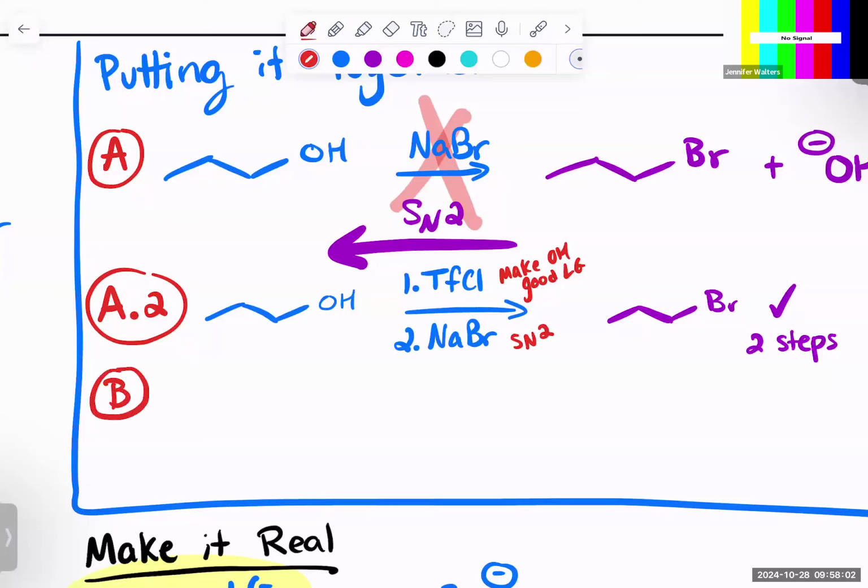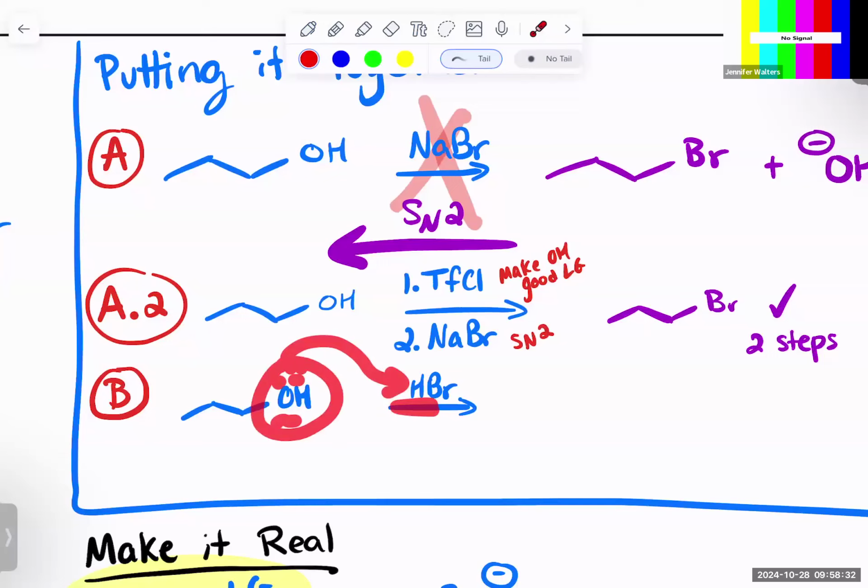Let's consider that protonation that we were just talking about. Sodium bromide didn't work for us, so let's look at HBr. Let's consider that alternative. If I have that plus HBr, does that work? What does that give me? Yeah, that works, right? Because that is that protonation that we were talking about. We can protonate the alcohol, you get the good leaving group in solution, you make that oxonium ion, so that I'm making the good leaving group all in one reaction step.